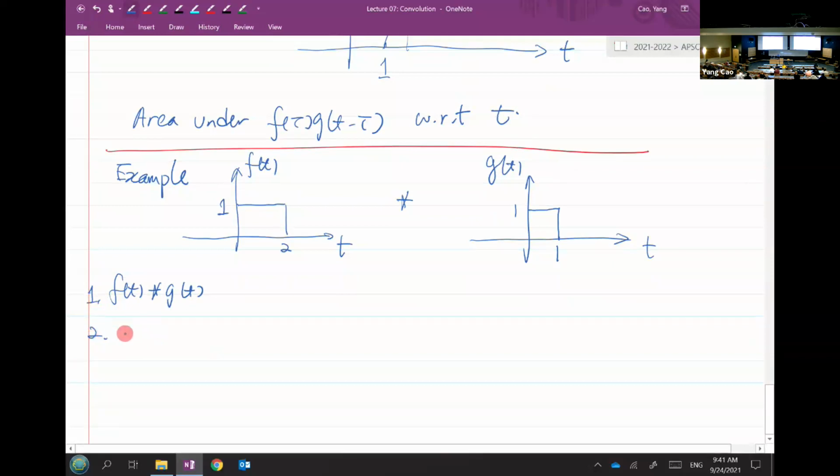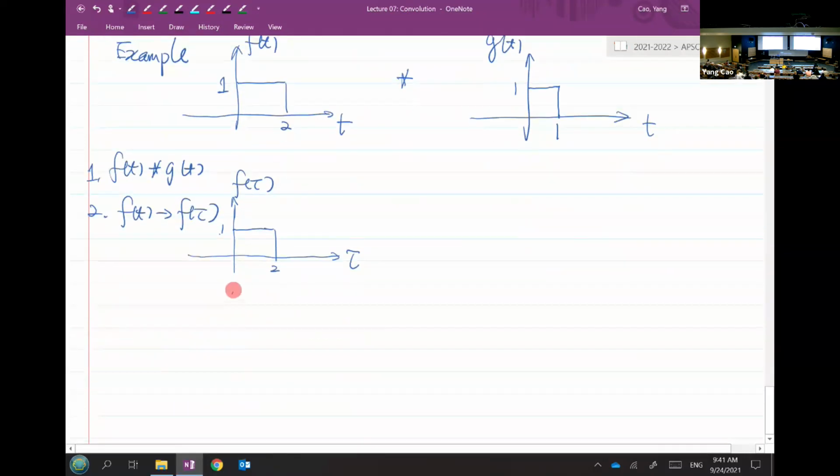And then the second step, the graphical approach means I need to find f of tau first. The graph didn't really change at all, except the horizontal axis becomes tau, right? And then I need to find g of tau.